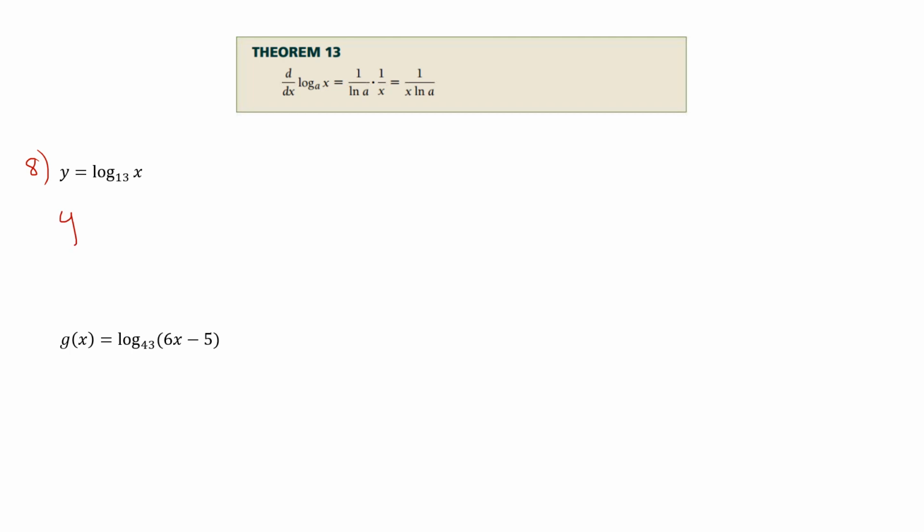So y prime will equal 1 over the natural log of 13 times 1 over x, which we can write as 1 over x times the natural log of 13. And of course you can jump straight to that if you are comfortable with that.